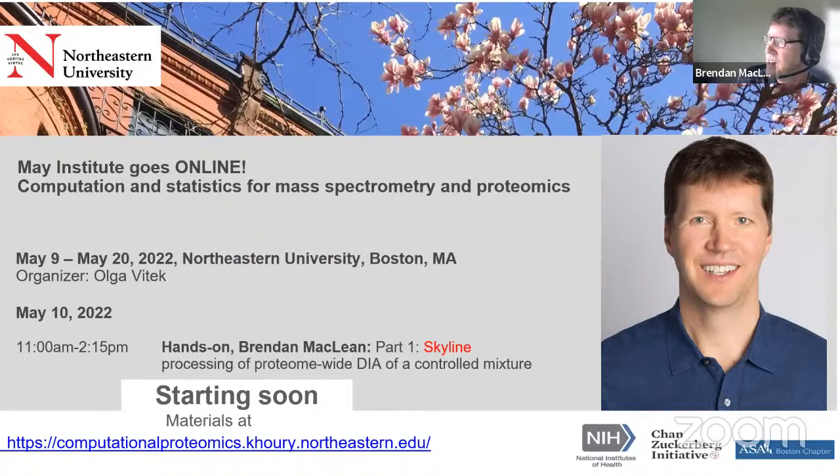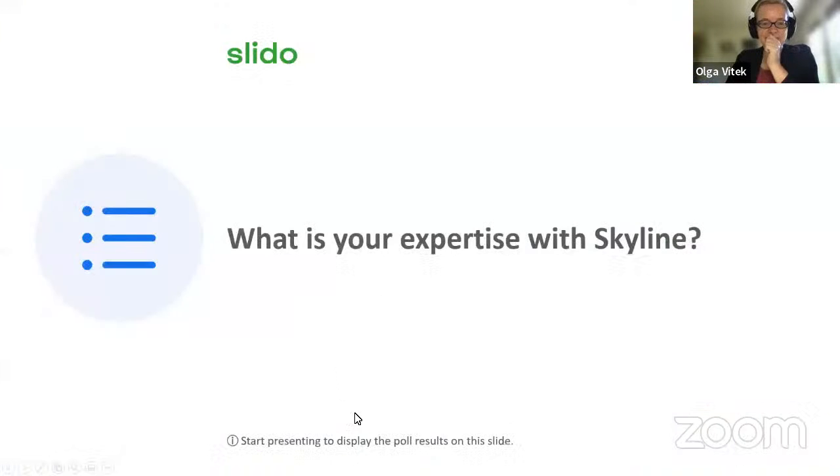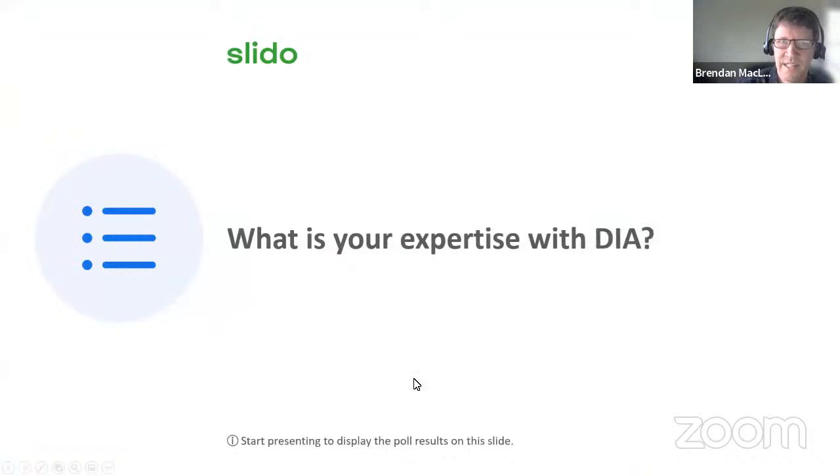If you see me looking off to the side, I have two screens. What would I have to do to start presenting poll results on this slide? I'm presenting, right? Maybe if I get out of presenter view.